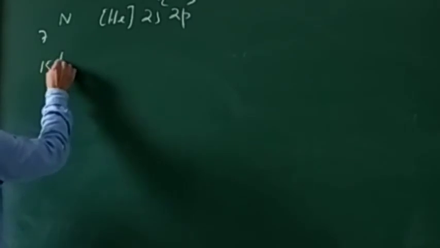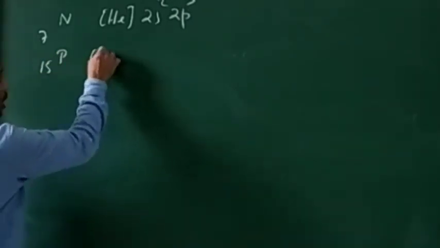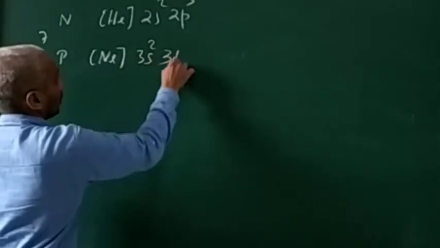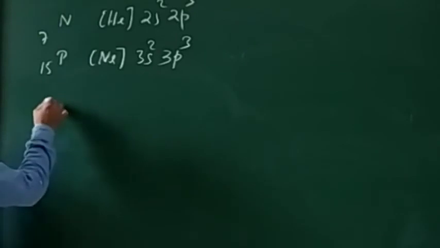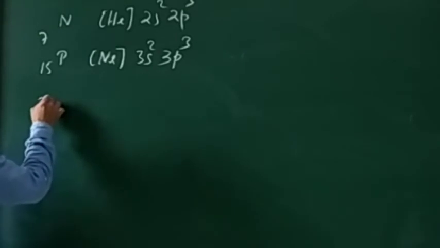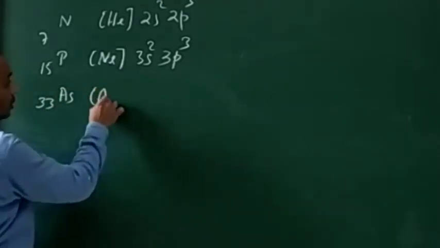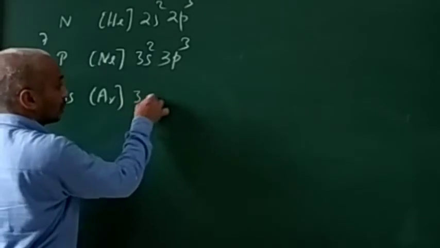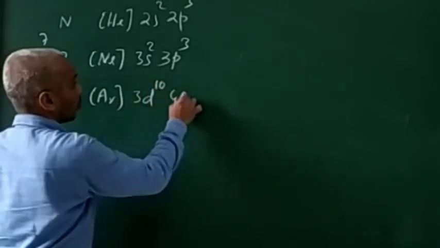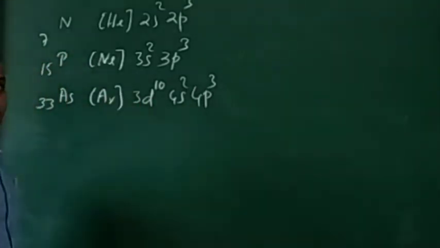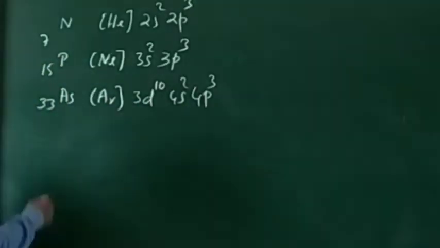Then the 15th element is phosphorus, with the neon core, 3s2, 3p3. Then after that, 33 is arsenic. I have the argon configuration, then 3d10, 4s2, 4p3, because d orbital filling takes place.